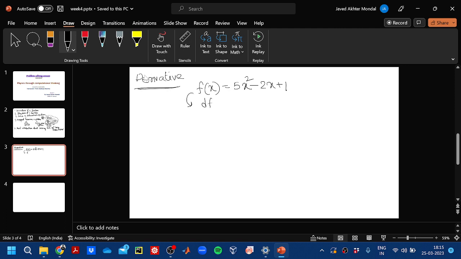The first order derivative is easy to calculate: 10x minus 2. In that way we can go on to higher orders. The second order derivative will be 10, and the third order derivative and all the next orders will be 0. So fourth order, fifth order, all are 0.